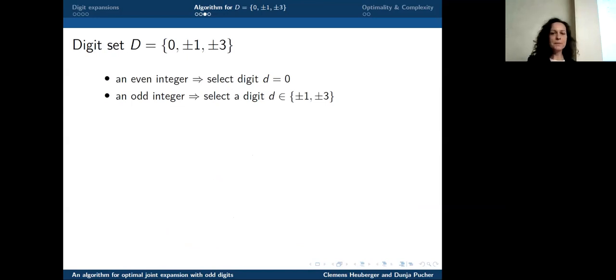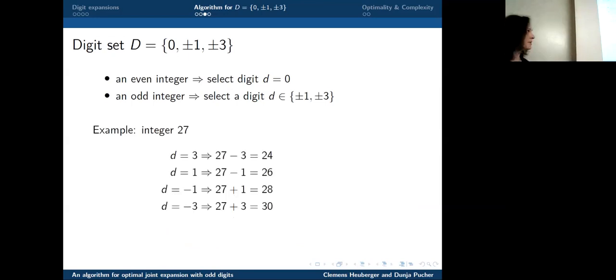So for example, if we take a look at integer 27, then I can choose digit 3, and this gives me 27 minus 3, which is 24. If I choose digit 1, this gives me 26. If I choose digit minus 1, this gives me 28. And if I choose digit minus 3, this gives me 30. So what we can see is that we get 4 consecutive even numbers.